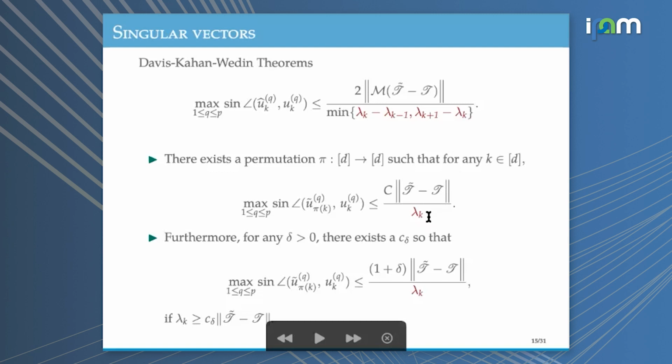Secondly, the denominator, instead of being the eigengap, now only depends on lambda k. And thirdly, for this constant, just like before, if the singular value lambda k is large enough, then you can reduce this constant to be arbitrarily close to 1. And this is not possible in the matrix case either.